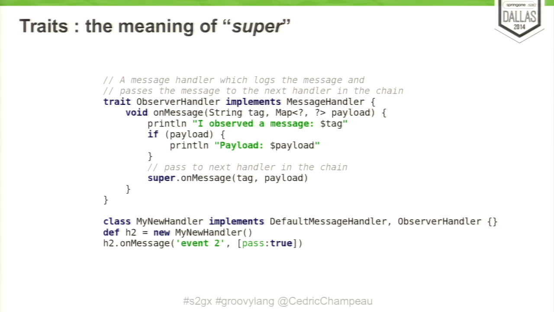We'll see. So define a class that implements the default message handler and the observer handler. And now what happens if I do onMessage is calling this one because the last one wins. So I am printing I observe the message, and then it reaches super dot. And super will delegate to the next trait in the chain.